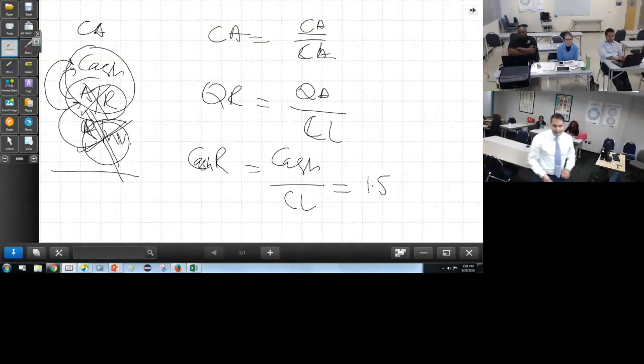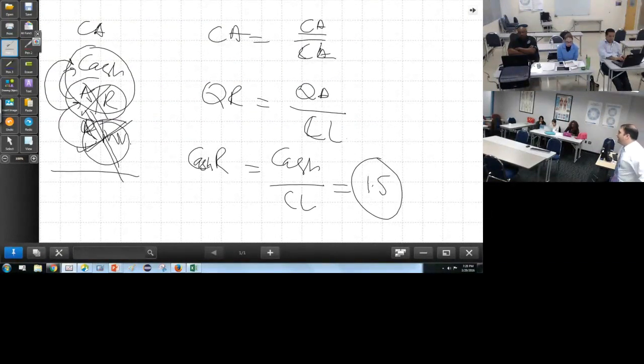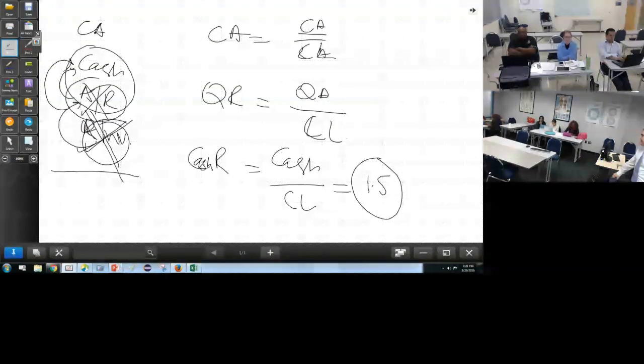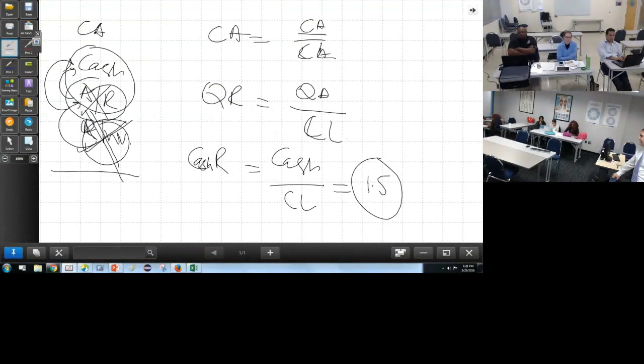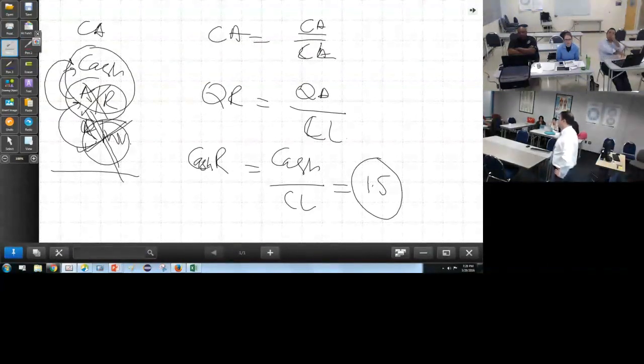But is that a good sign to hold this much cash? I don't think so. Normally you have a lot less cash. You would not want to hold so much cash that it's more than total liabilities. Cash is an asset that does not earn any return.